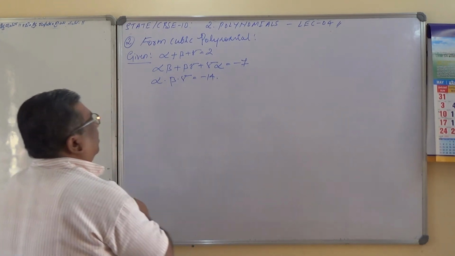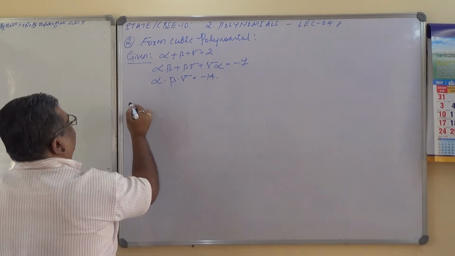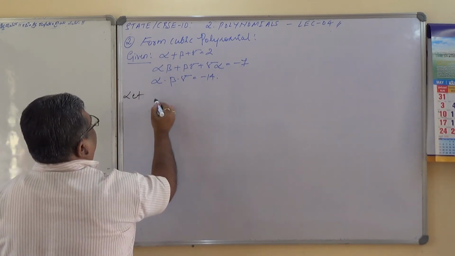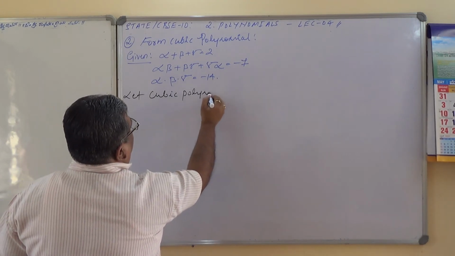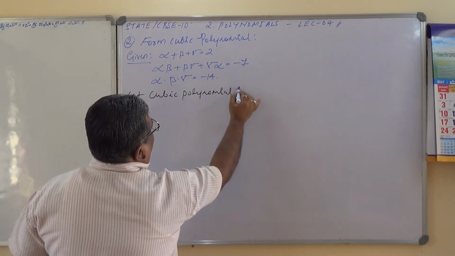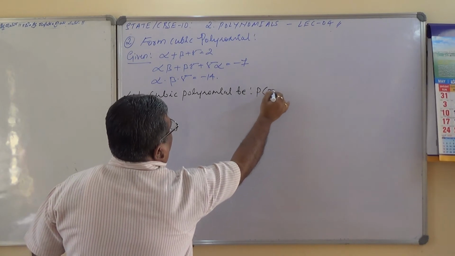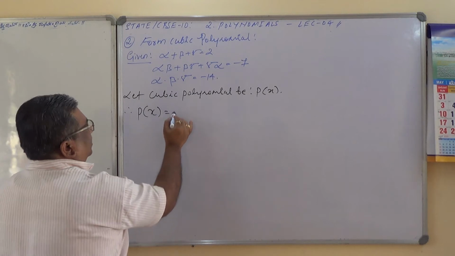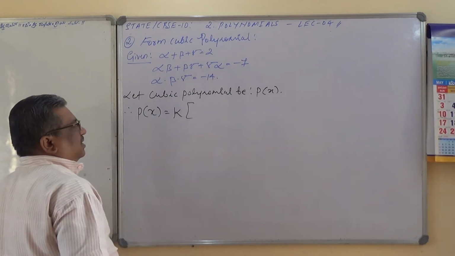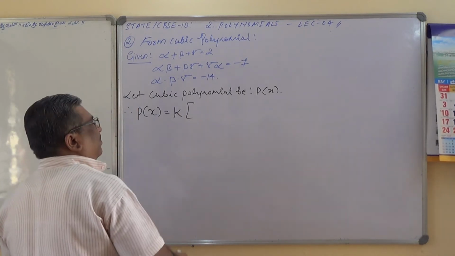So how do you form the cubic polynomial? Simple. Let the cubic polynomial be p of x. Therefore, p of x equals non-zero constant. It is customary to take non-zero constant. It is preferable.